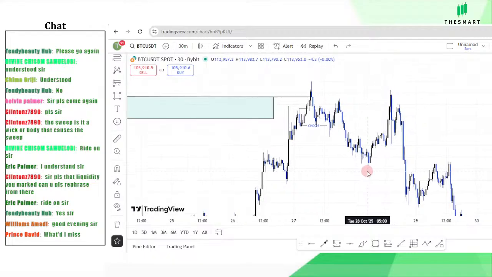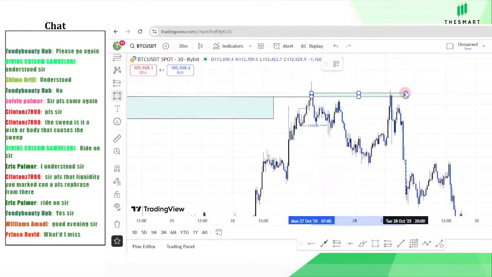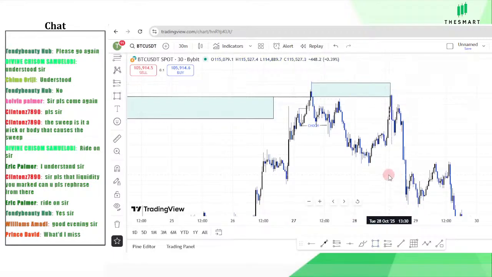Having a change of character at this level, we have this as our inducement, and we have this as our other block, and you can see we have this as our break of structure at this level.